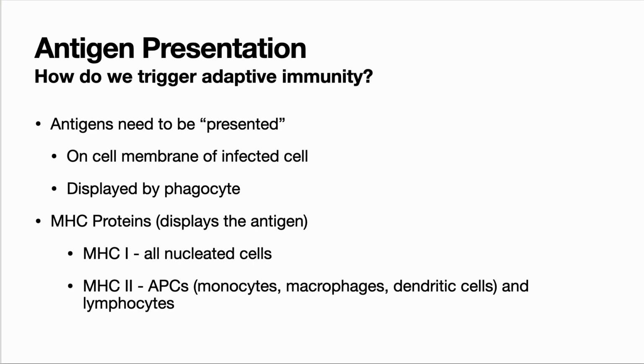But there's another type of MHC protein called MHC2, and only certain cells have MHC2. Those are any cell called an antigen presenting cell. Those will include monocytes, macrophages, and dendritic cells. Dendritic cells are those Langerhans cells that you saw in AP1 in the skin, if you remember that.